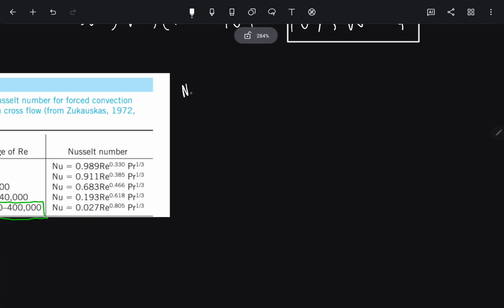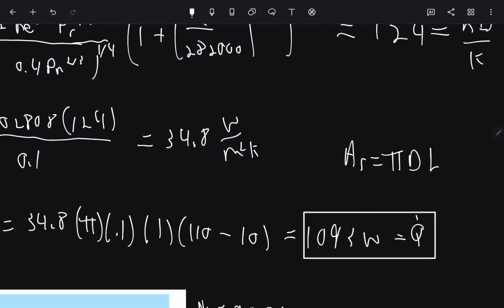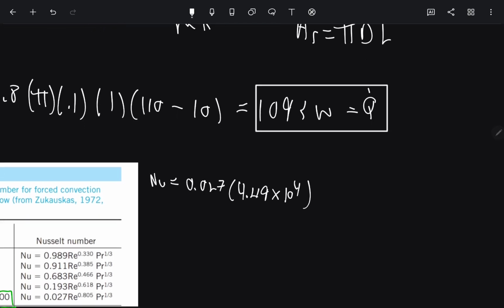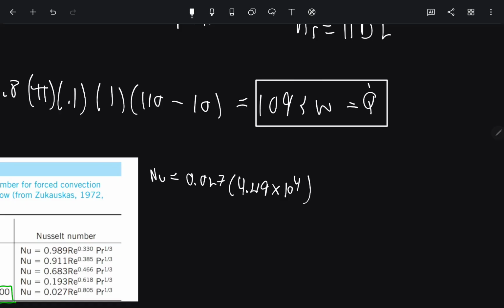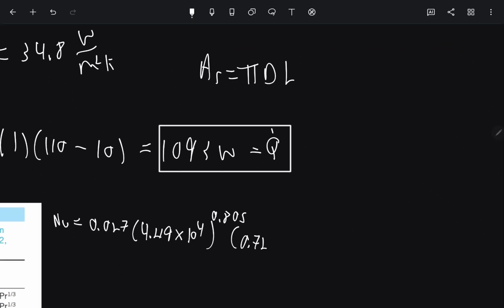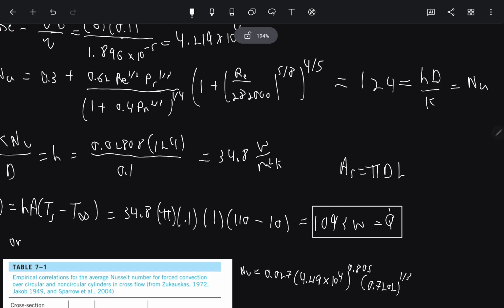So the Nusselt number is 0.027 times the Reynolds number, which was 4.2 times 10 to the 4, to the 0.805 power, times the Prandtl number, which was 0.7202, to the 1/3 power, which is a significantly easier equation than this thing.